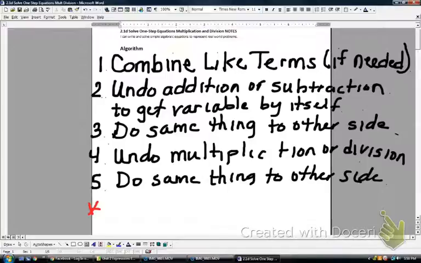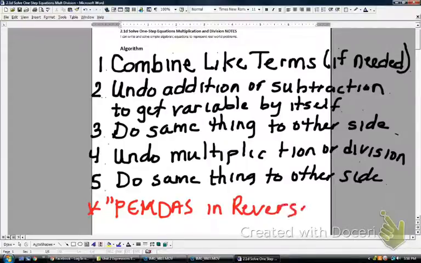We are undoing everything. So when we undo everything, we go backwards. So it's like PEMDAS in reverse order. And that might just help you remember to help keep everything straight. So I made myself a little note. You may want to make yourself a little note as well.